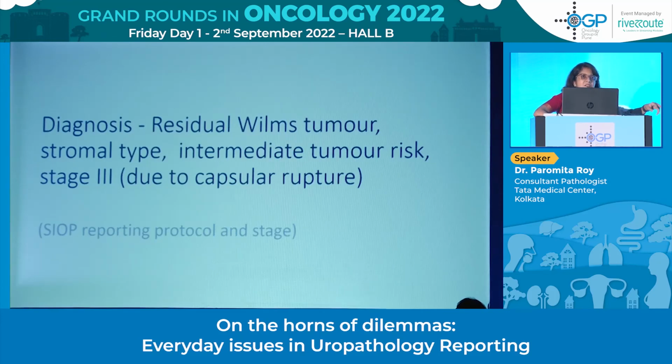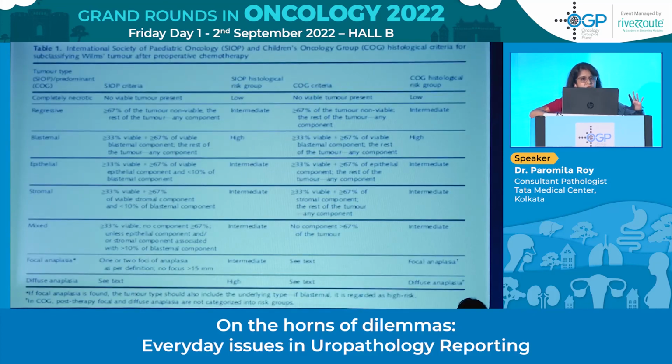So their reporting protocols vary from SIOP, which is the European organization, and in India also we give chemotherapy before surgery. So there is a difference in the reporting terminology we use based on whether we are following SIOP or Children's Oncology Group recommendations, and the stage is also slightly different. So when we are reporting Wilms, we have to keep this in mind.